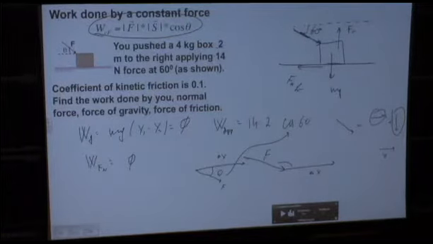Well, the last work left to calculate is the work done by friction. That's a tricky one.